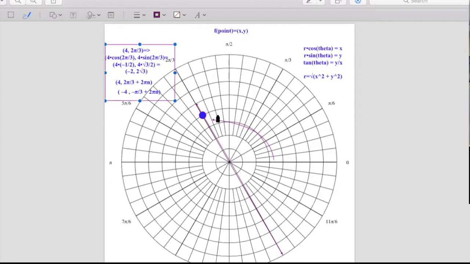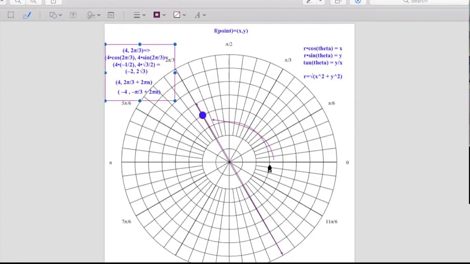More often, what will happen is there will be some restrictions put on this. Give me all of the polar coordinates on this that have an R value that's positive. Then you would give me this. And if I say, give me all of the possible polar coordinates of this with a negative R value, then you would give me this.